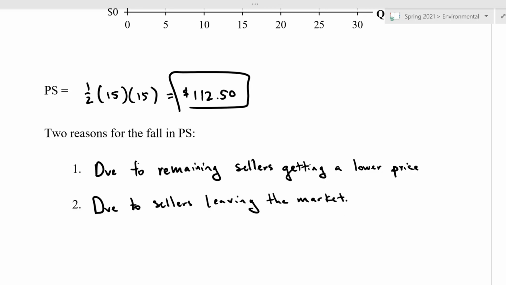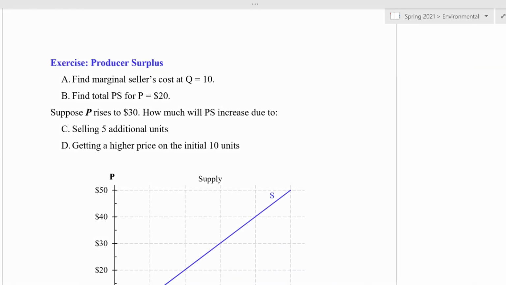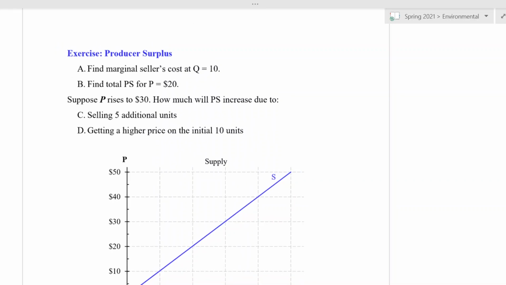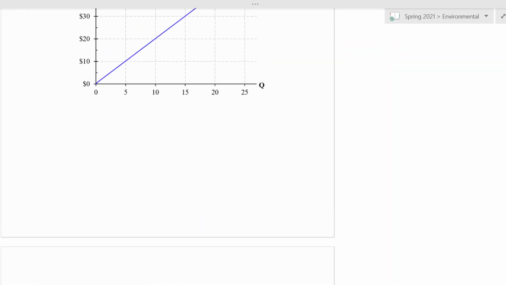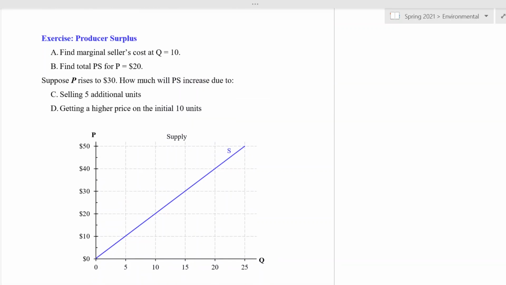Okay, and so just as before, I'm going to leave you off with a little exercise to think about another example of producer surplus. So we're going to have one marginal seller here, and what's their cost? That's kind of easy to see. We're going to find total producer surplus at a price of 20.